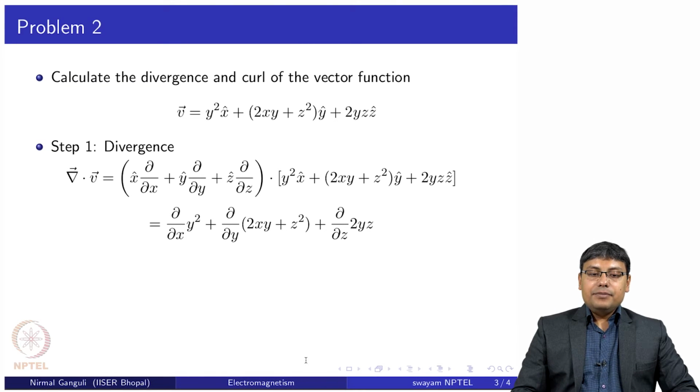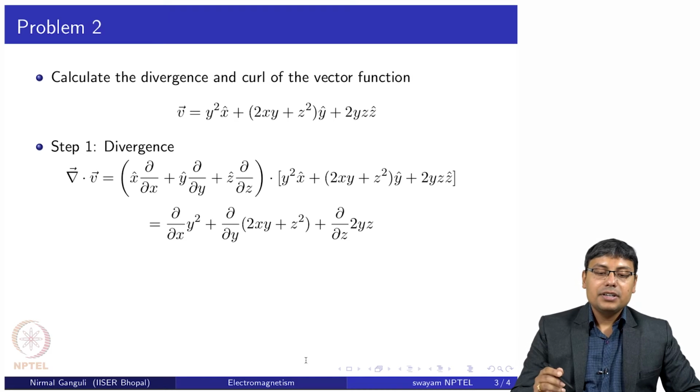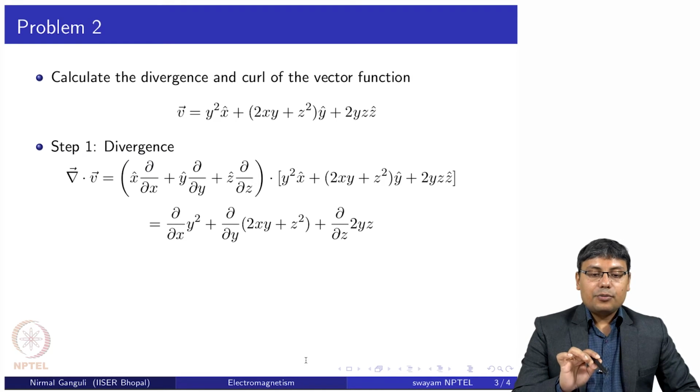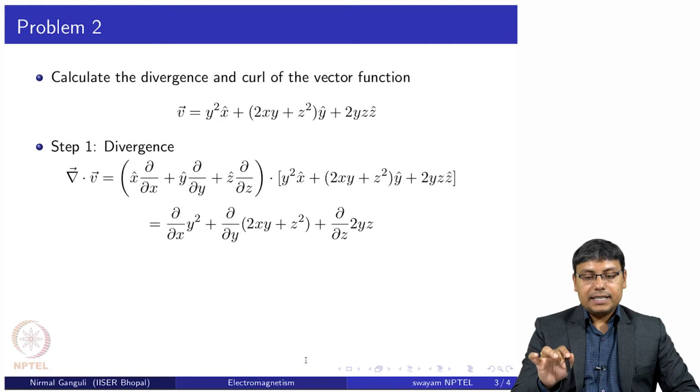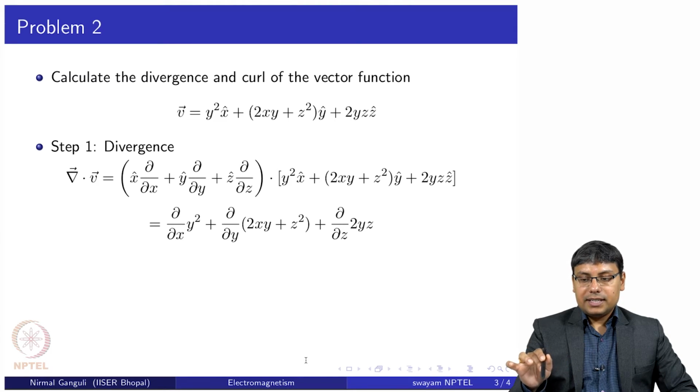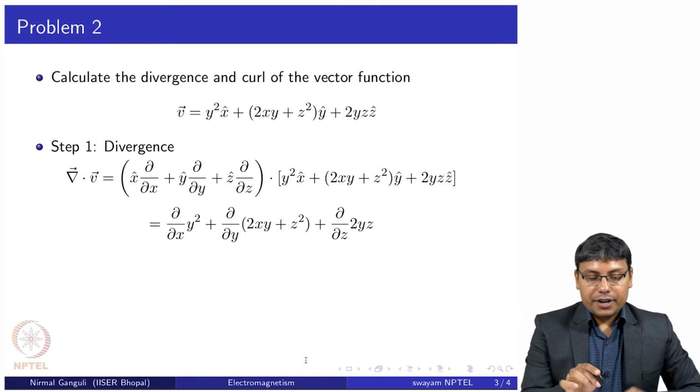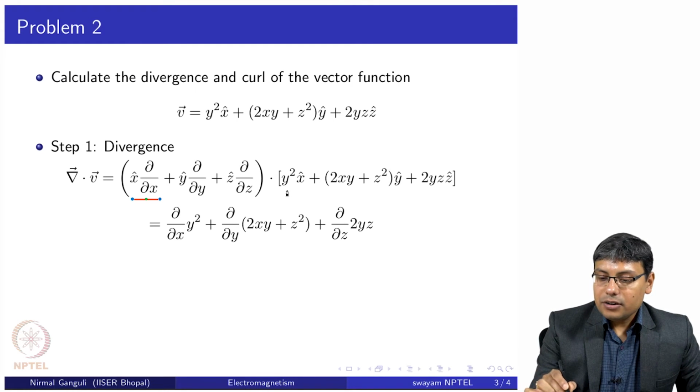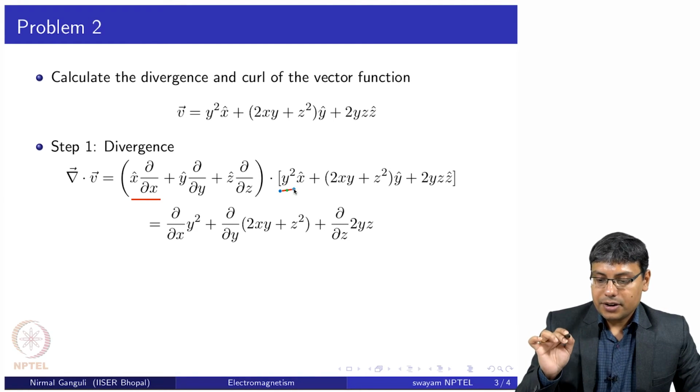If you need some help in solving this problem, this is the way we can calculate the divergence. The divergence operator is x cap del del x plus y cap del del y plus z cap del del z, dotted with the vector field y square x cap plus (2xy plus z square) y cap plus 2yz z cap. That means del x will operate only on the x component here.